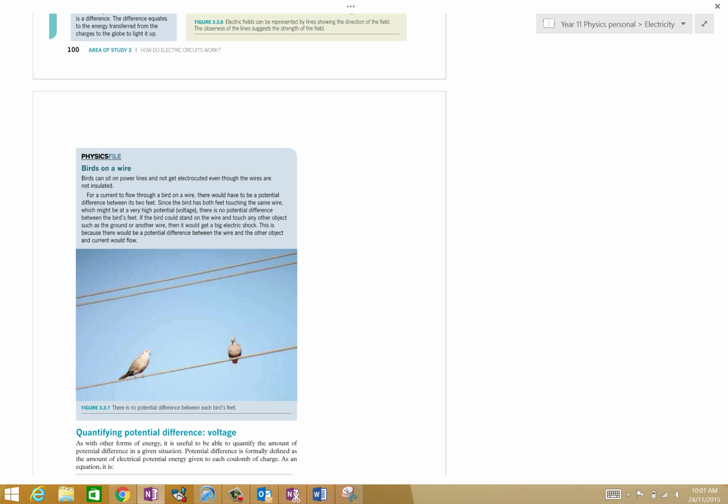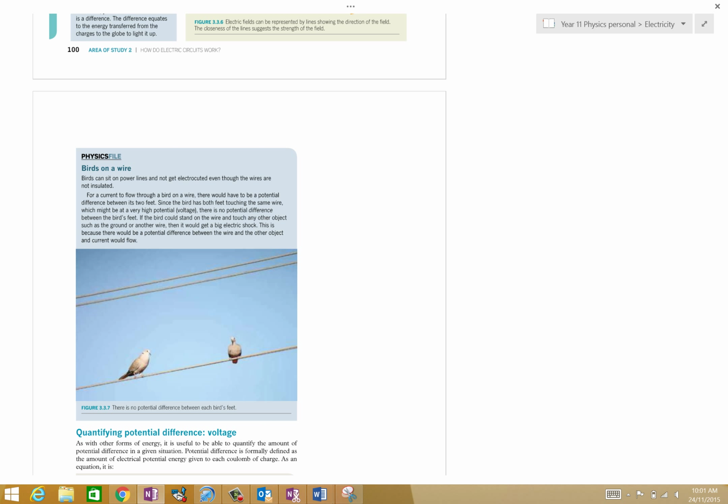So what happens if, however, you were to hold on to a power line and somehow touch the ground? Yeah, you'd be in a fair bit of trouble. Or you notice that the birds are holding the same wire. What happens if you were to be stupid enough to grab onto two wires, one with one hand, one with the other?